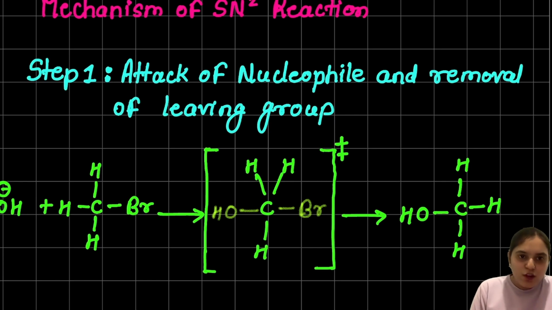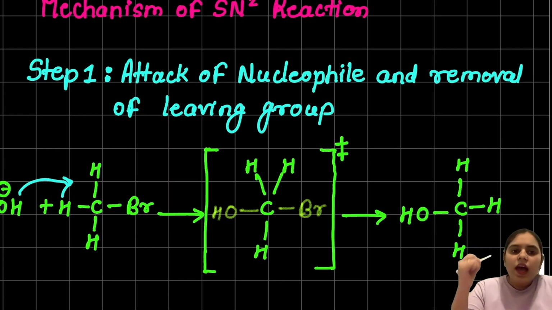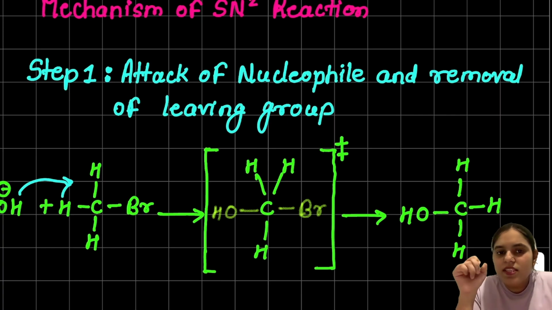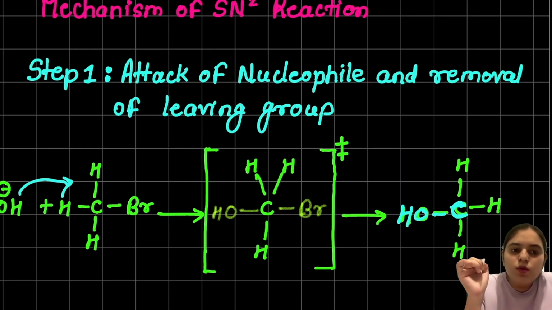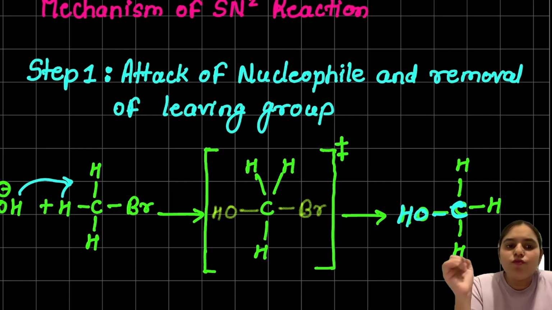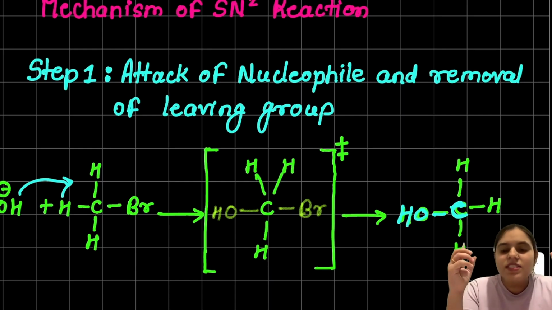Here, the hydroxide acts as a nucleophile and attacks the carbon atom from the back side, opposite to the leaving group, that is bromine, as the new carbon-oxygen bond is formed. The new carbon-oxygen bond begins to form while the carbon-bromine bond breaks simultaneously.